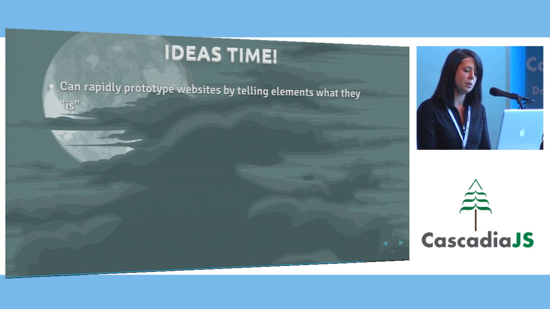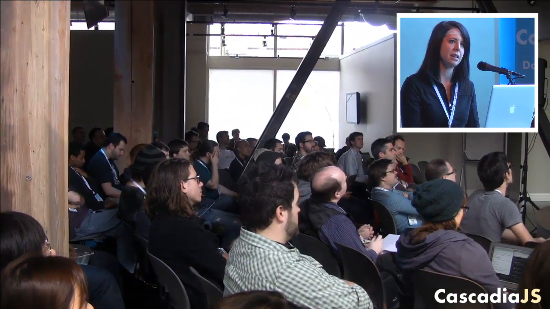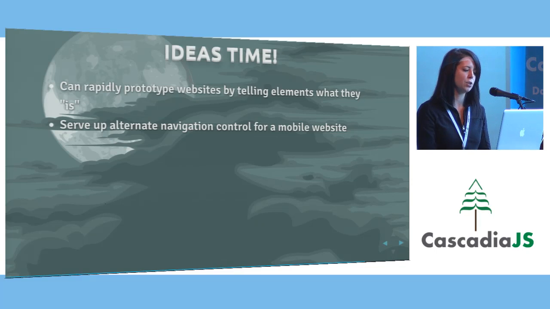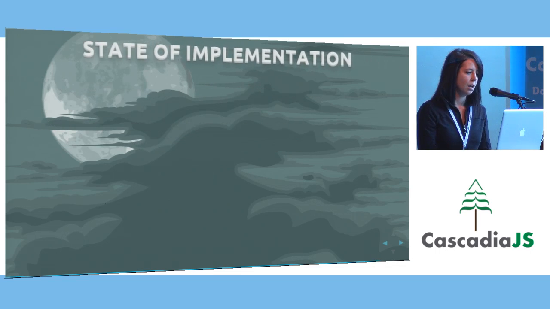When you're designing a site, there's never one toolbox that always does the trick for everything, but we can have some foundation and libraries of these components and hopefully build bigger and better things by doing less and less boilerplate. I mentioned serving up alternate navigation for a mobile website. Because of this encapsulation at these boundaries, it's easier to mix and match frameworks and components more readily, I think, if we take advantage of this.